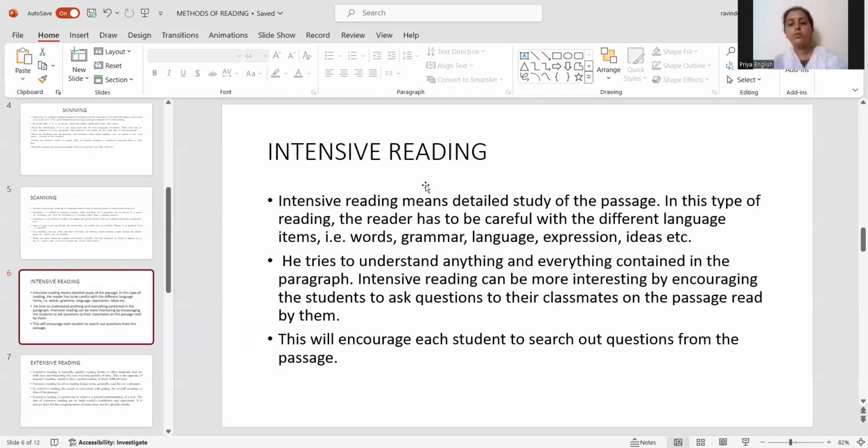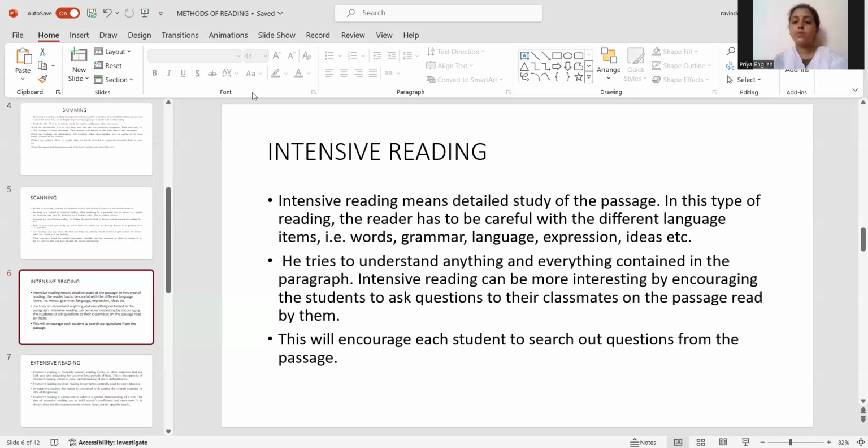He or she will look into all the details of the text: the language, the words, the grammar, the expressions, ideas, punctuation, the sentence structures, okay? Everything has to be kept in mind. So one needs careful reading while doing this intensive reading. Intensive reading has to be done with much more concentration and focus. So in intensive reading, we are talking about a careful reading of the text, right?